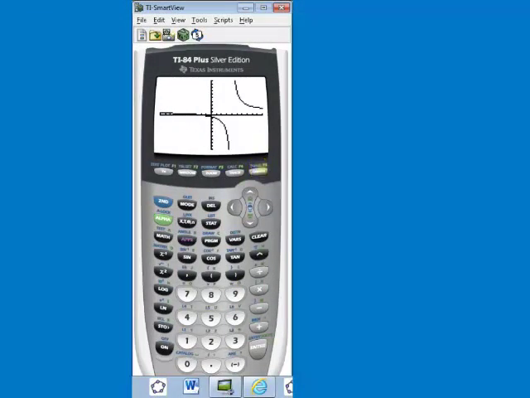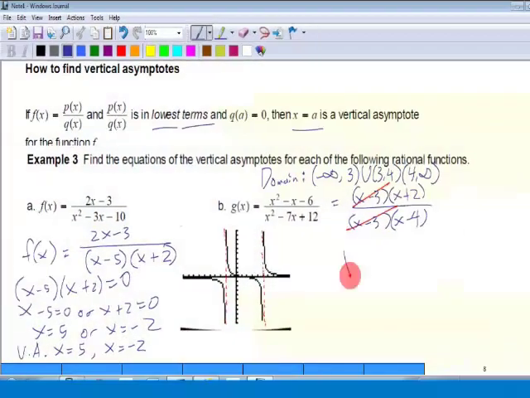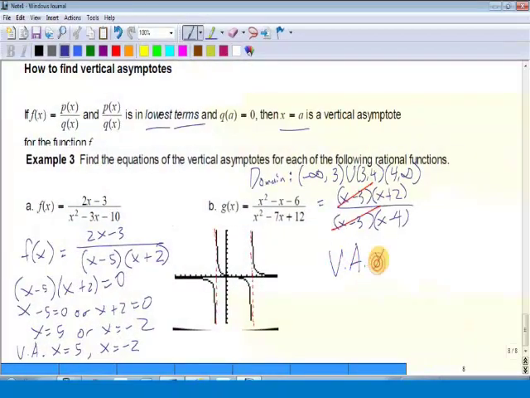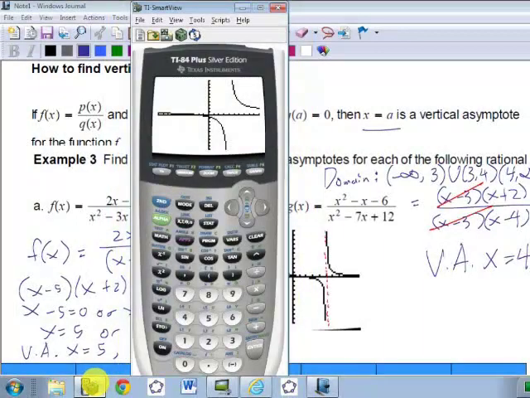Pretty noticeable vertical asymptote at x equals 4. What's going on at x equals 3? Nothing really noticeable. It looks like it's going on its merry way.